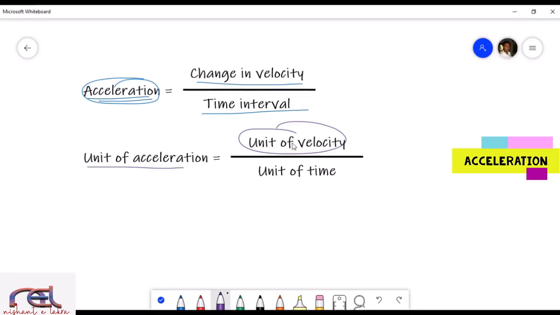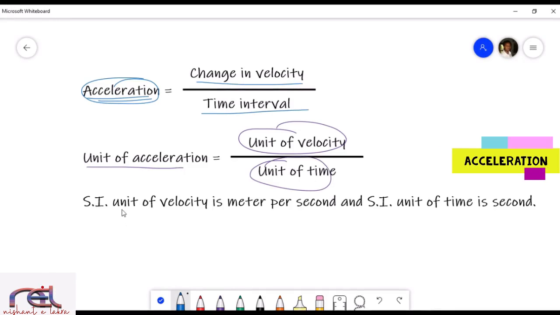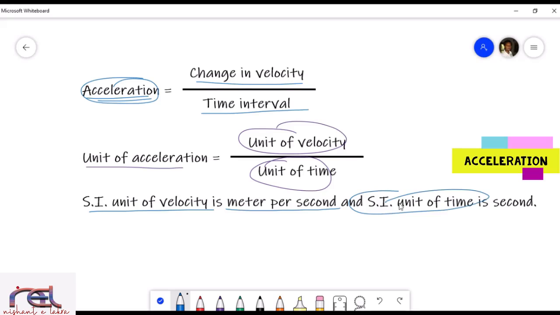What about the unit of acceleration? It can be found by dividing the unit of velocity by the unit of time. You have learned that the SI unit of velocity is meter per second, I hope you remember this, and the SI unit of time is second.